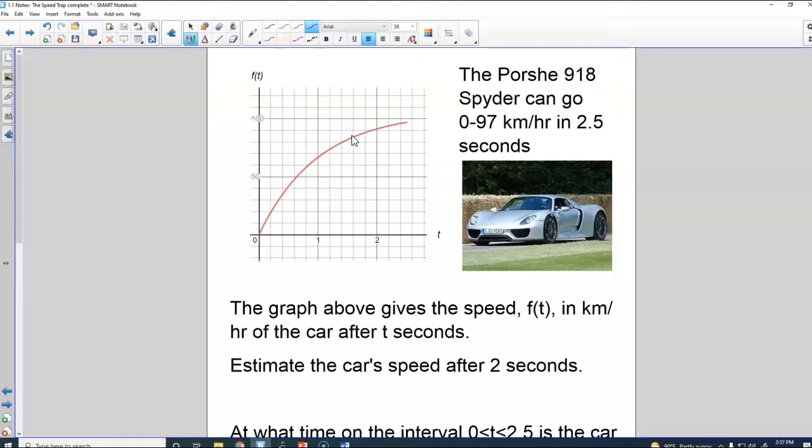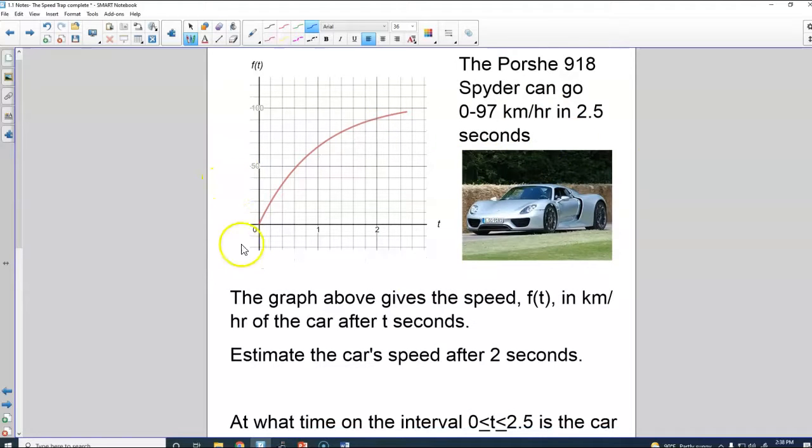So, to go from 0 to 60, this car can do it in 2.5 seconds, but it's going to take it a lot longer to go to 120, right? That one, I'm sure, will go to 120. Most cars can't make it there, for a lot of them anyway.